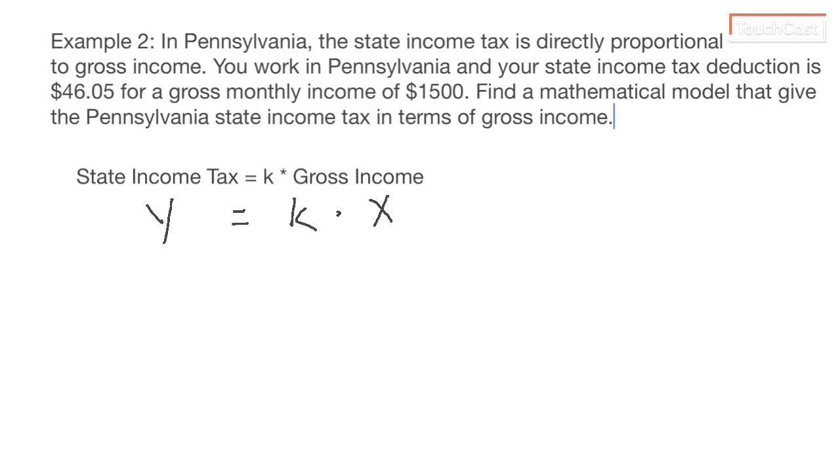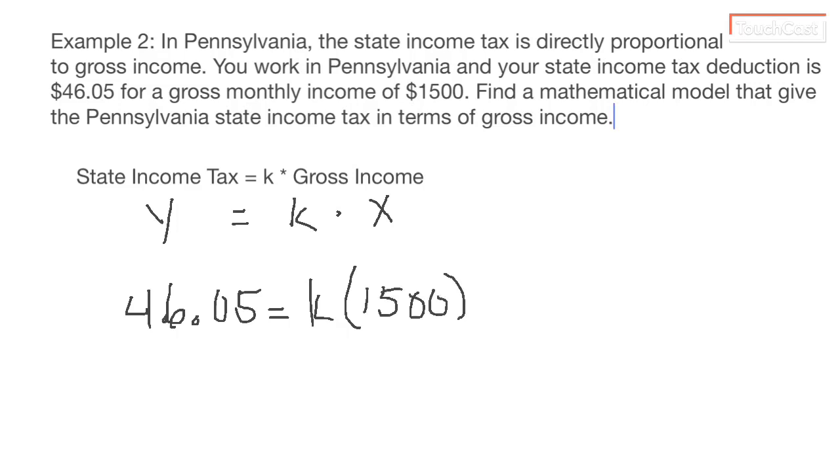We have a direct variation problem. There are some things we know. This is a basic equation. We need to figure out k. Let's take the income tax and the gross income that we know and put them in here. From the problem, the income tax deduction of this person is 46.05, so we're going to put that in for y. 46.05 equals k, which we won't know quite yet, times this person's gross income, which is $1,500.